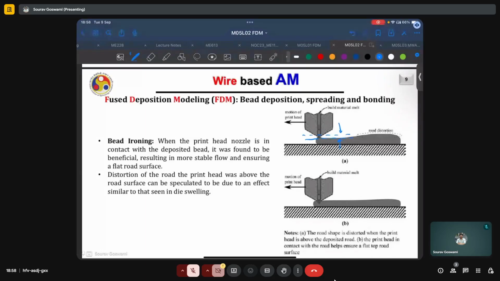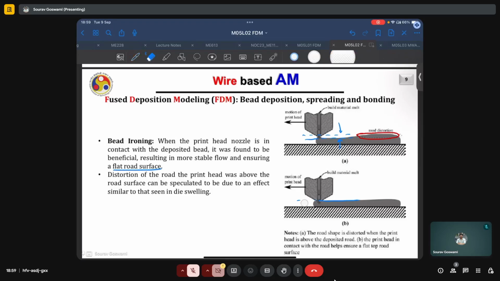And this leads to this phenomenon of road distortion, shown on the right here, where you have some bulging and unevenness in the height of the bead. Whereas in the second case, the gap between the nozzle and the top layer of the deposited bead is zero. They are in contact, and this has the additional impact of ensuring a flat surface.